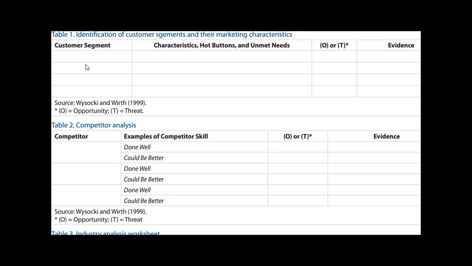This table has four columns: the segments, the characteristics, hot buttons and unmet needs, O or T, which are opportunities and threats, and most importantly, the evidence. Why would you call it an opportunity or a threat?